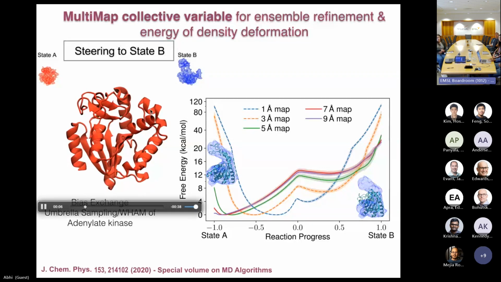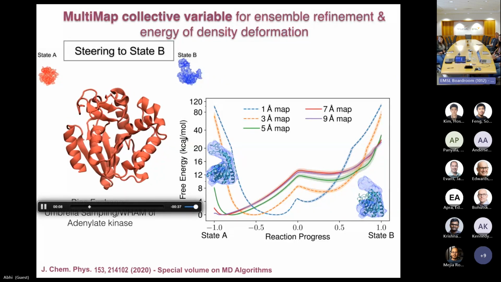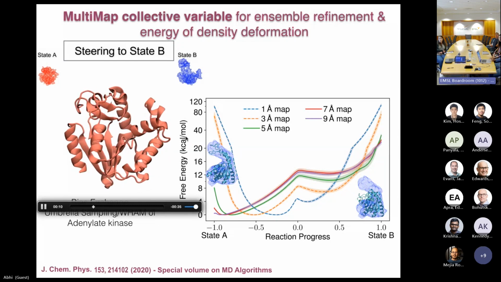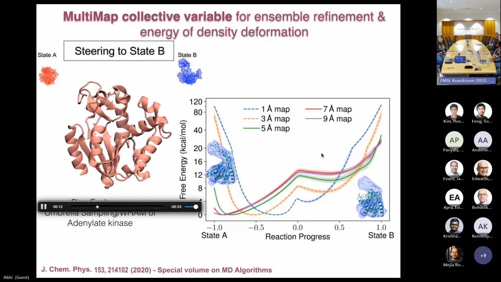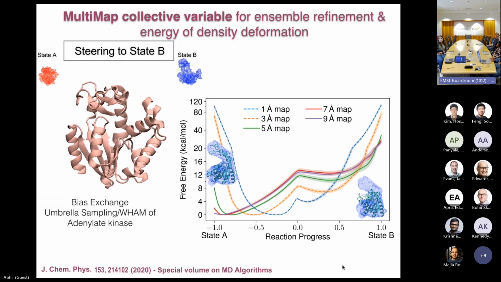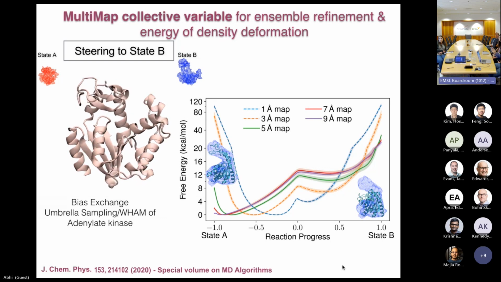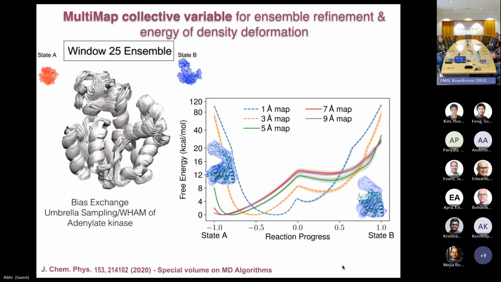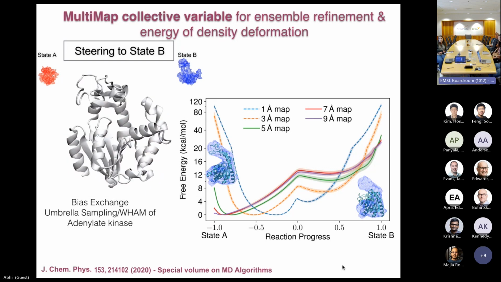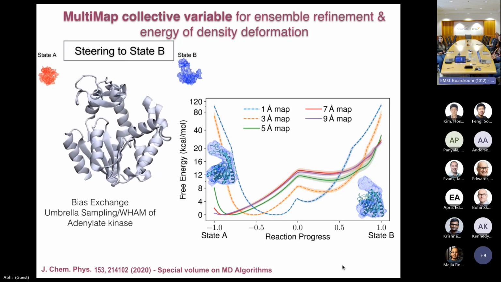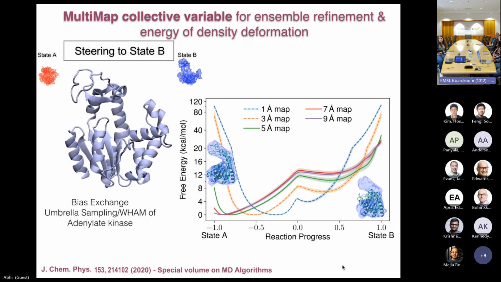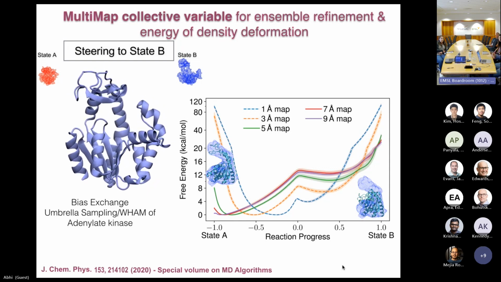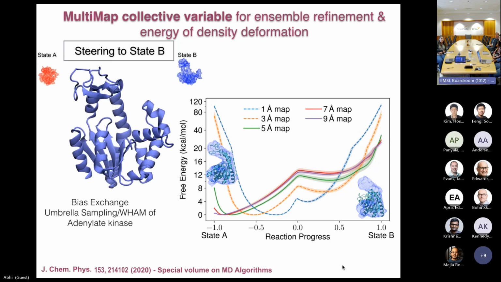Now we're actually getting real ensembles. And one of the good qualities about ensembles is that you can start computing energy changes or free energy changes. If you have populations, then the negative log of that population is actually energy. Clearly from cryo-EM information, you can say what the energy differences are between multiple states and how you extract that information.